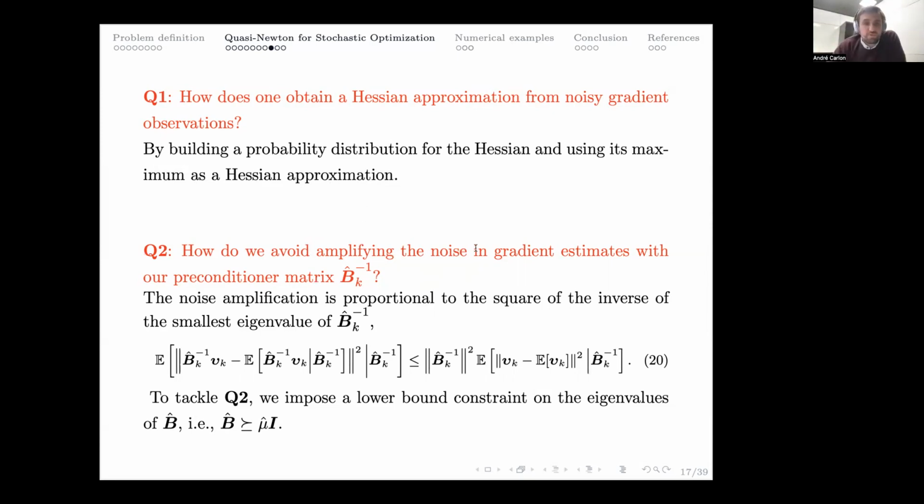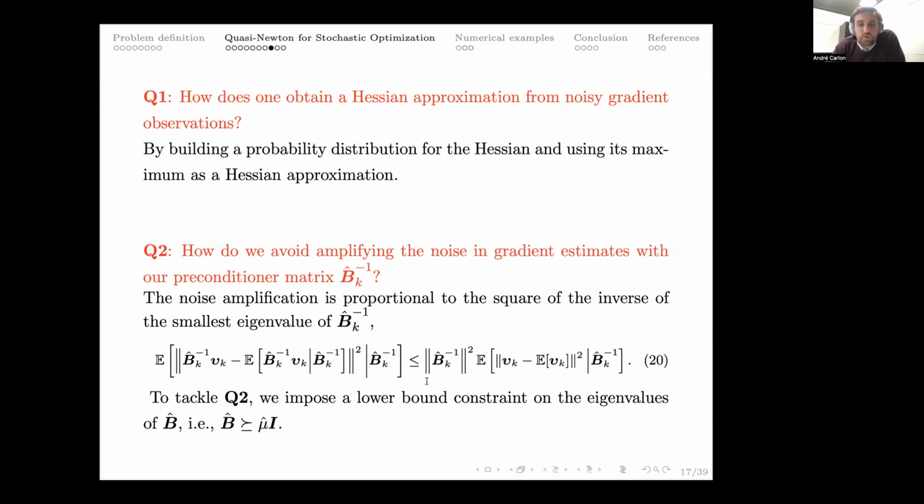So how do we avoid amplifying the noise in the gradient estimates? Well, let's look at this equation 20 here. Let's take a given matrix and precondition the gradient by it. We can see that we are bounded by this term, the operator norm of this matrix, and this will be the square of the smallest eigenvalue inverse, squared.